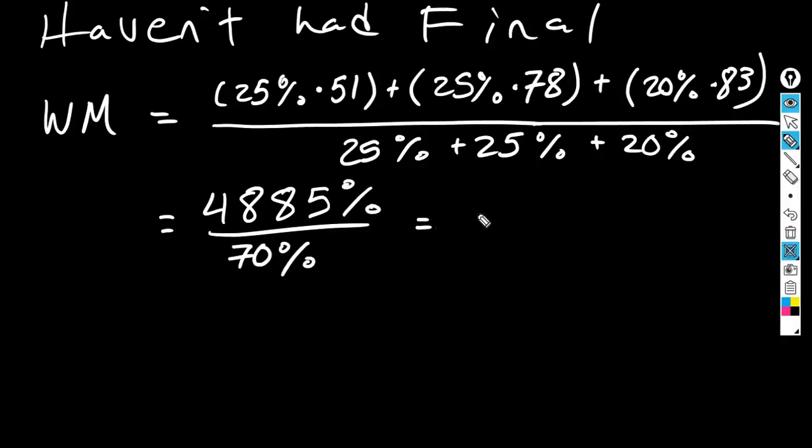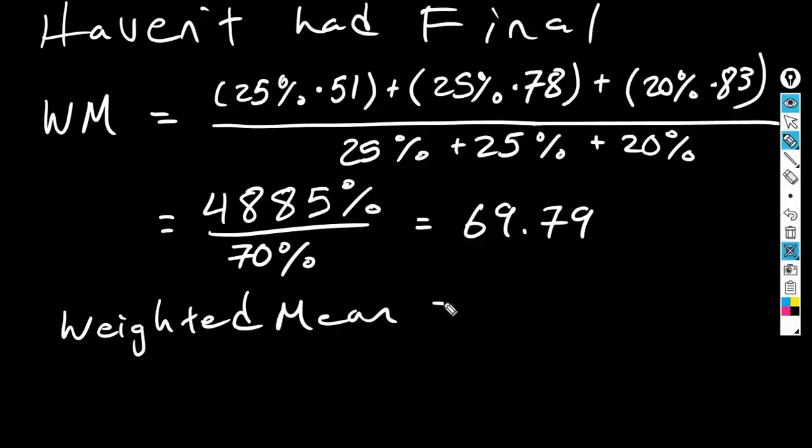Make that subtraction, and we get a weighted mean, or again, final average if we didn't include that final, of 69.7, telling you got a borderline C, so that's going to round up to a C. But you might want to put in a good effort to avoid going much farther down than that. But again, that is our weighted mean.